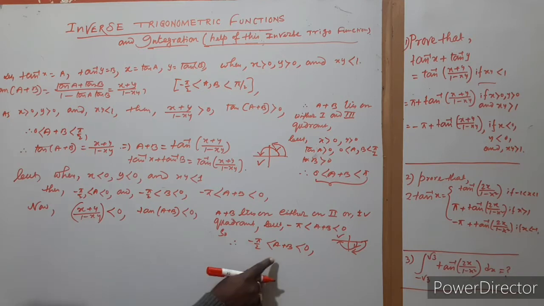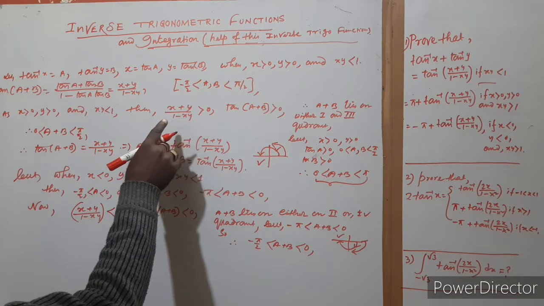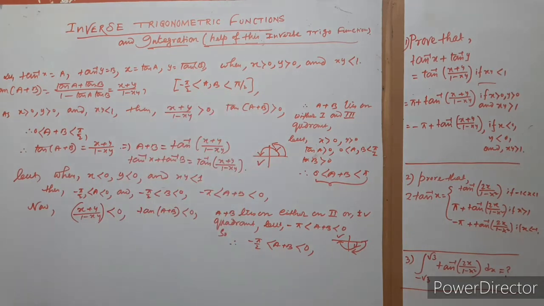So now, this is your interval, when the value of tan lies between minus pi by 2 and pi by 2, then tan a is equal to x actually.